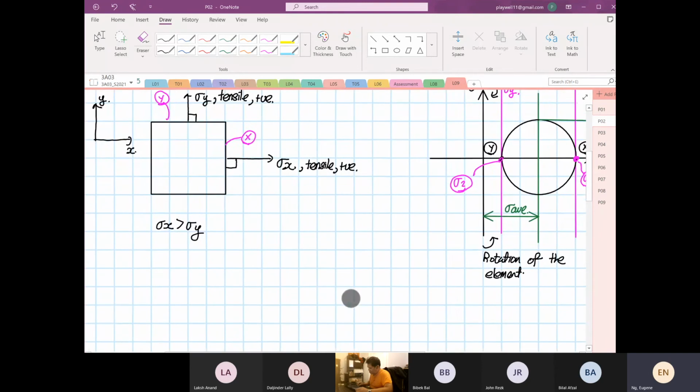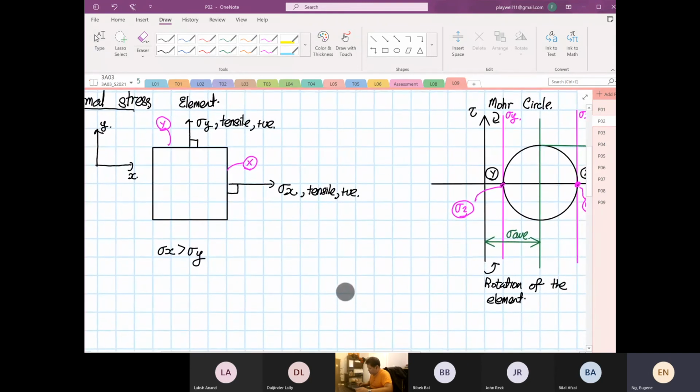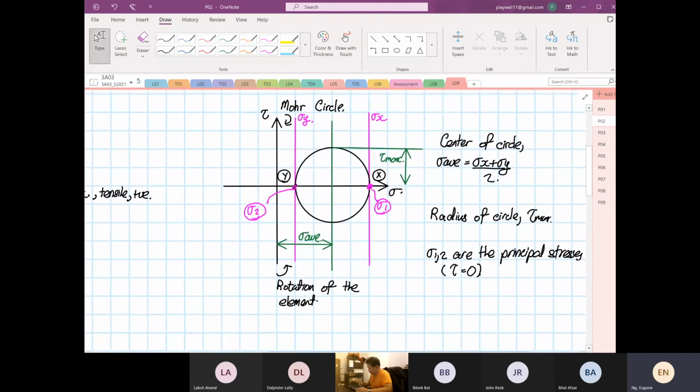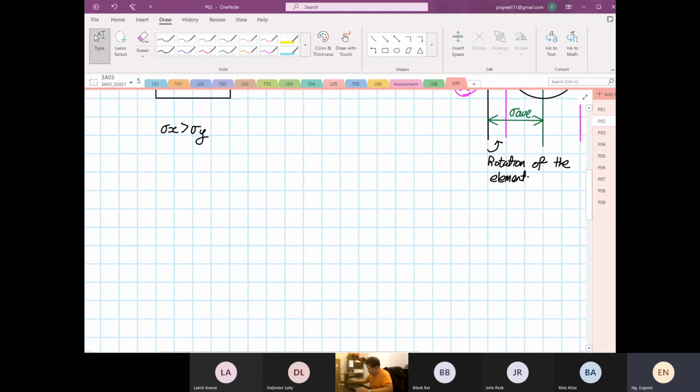Then I want to do another situation for you guys, where again we have another element. We have an element down here, and now one set of arrow is still the same.